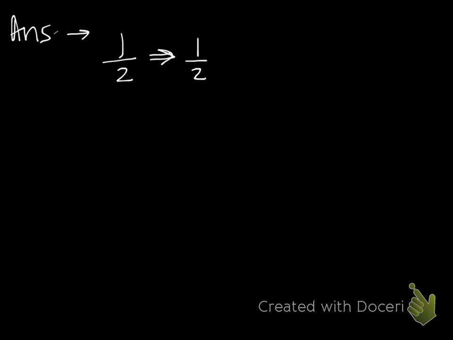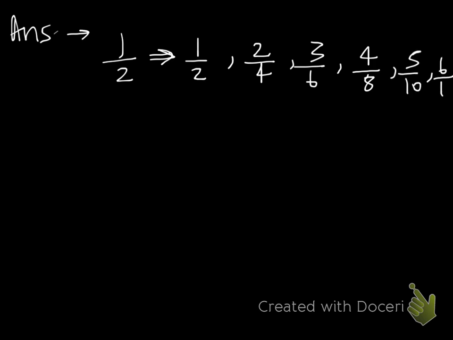For example, it could be 2 by 4, 3 by 6, 4 by 8, 5 by 10, 6 by 12, and so on. All these fractions, when simplified, become 1 by 2.